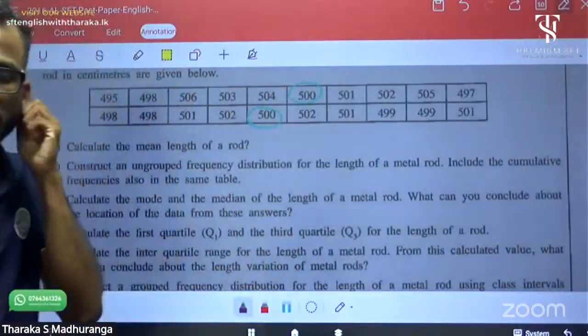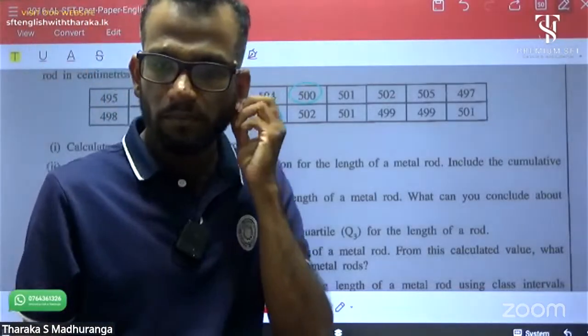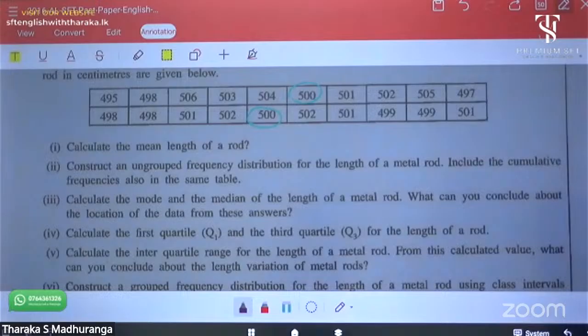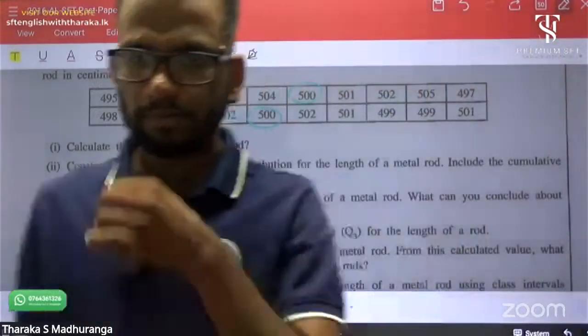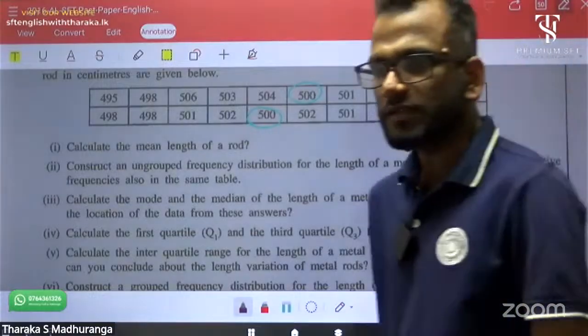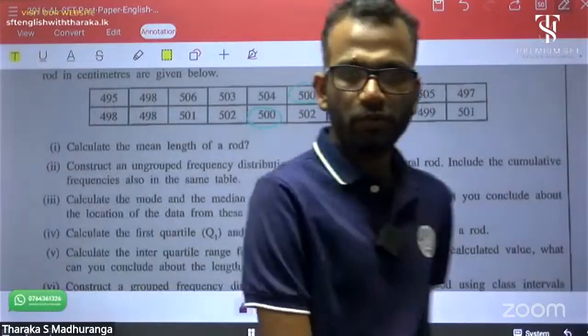According to this question, what is the method you have to use? First one or second one?